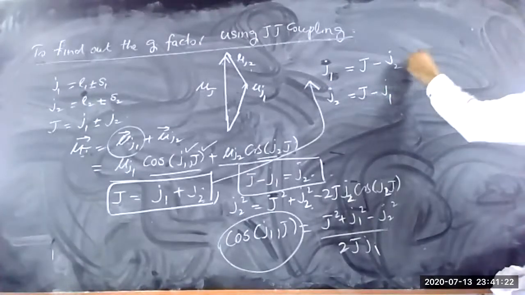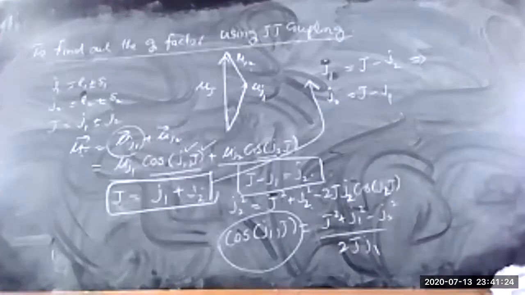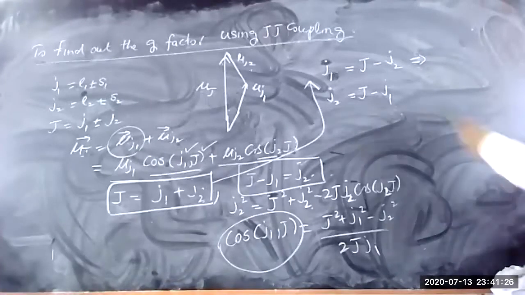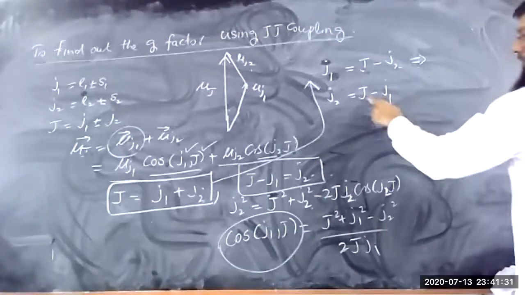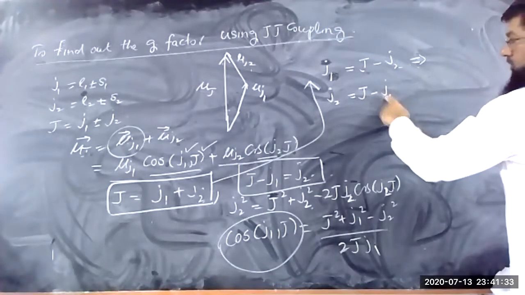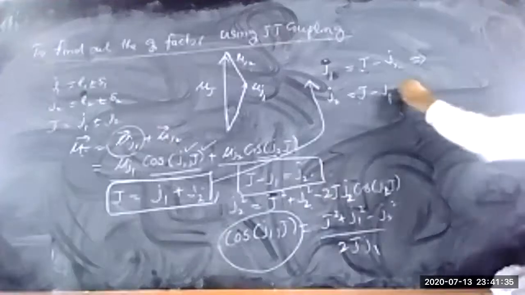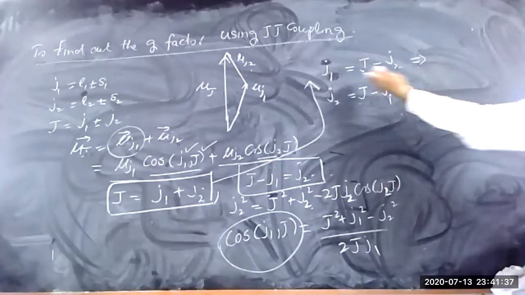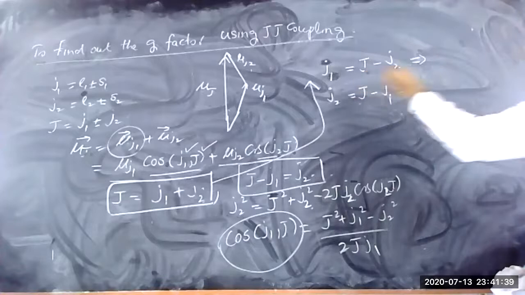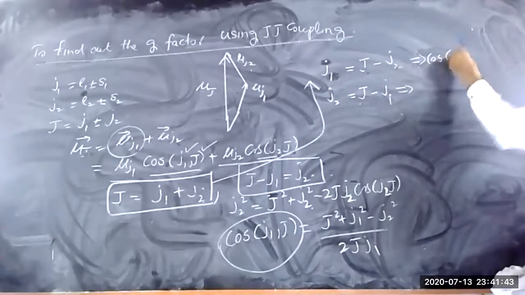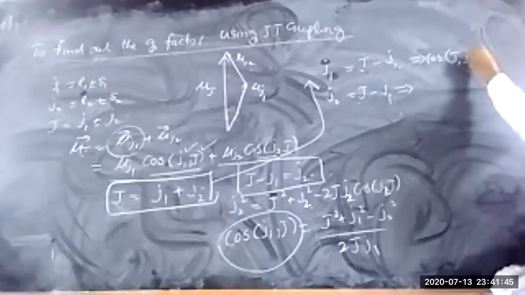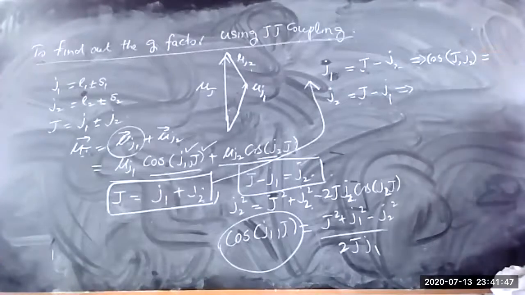From this equation, you will get the value of angle between j1, j2 and j. From this equation, you will get the value of angle between j1 and j. So this gives you, squaring both sides and using cross product, cos of angle between j and j2 is equal to some value.